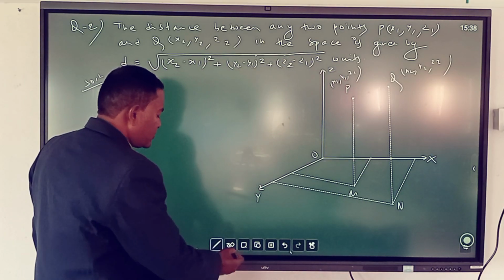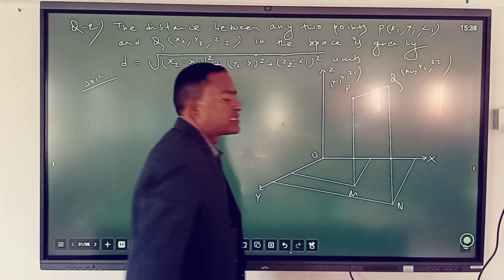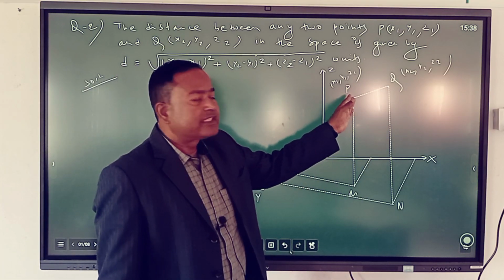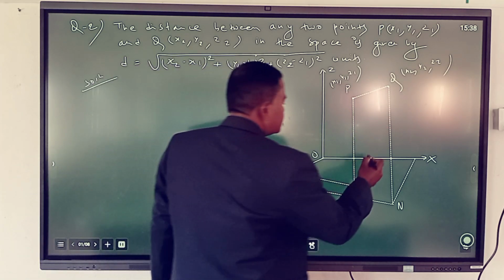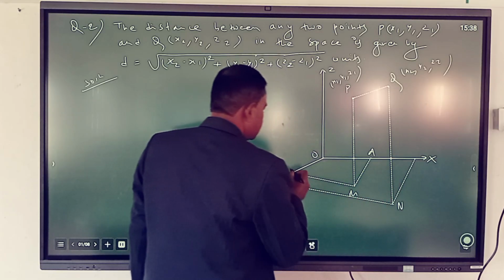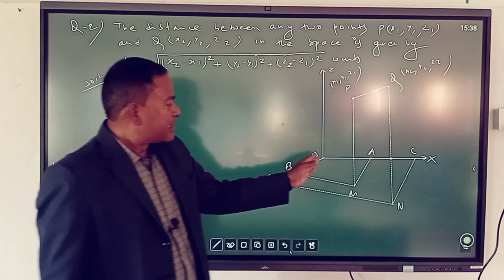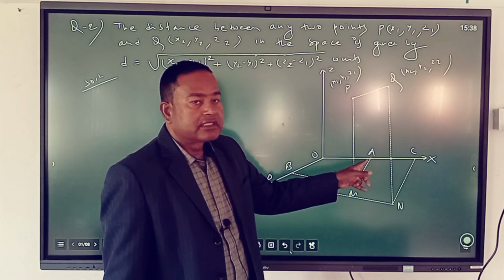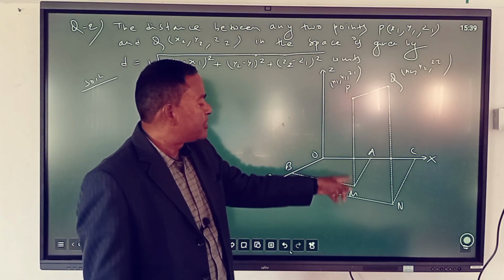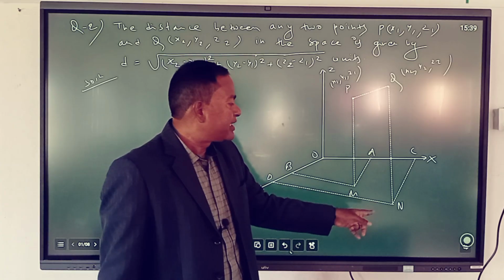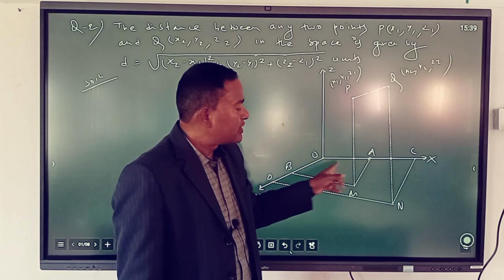Now let us join P to Q, because we have to find the distance between the points P and Q. Let us say OA represents the x coordinate of the first point P, because from the point P we have drawn a perpendicular to the xy plane, and again from the point M we have drawn a perpendicular to the x-axis.